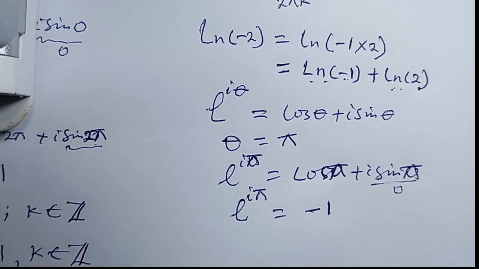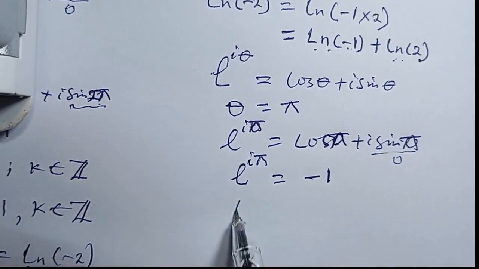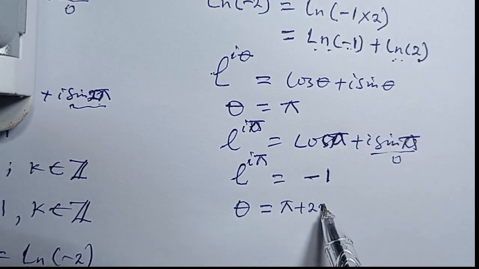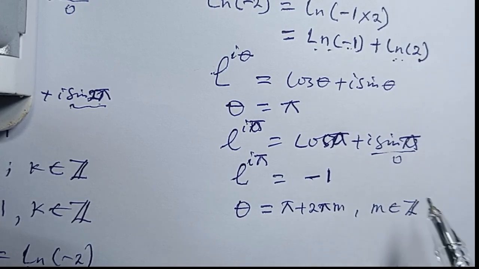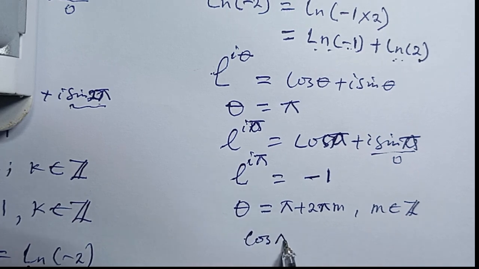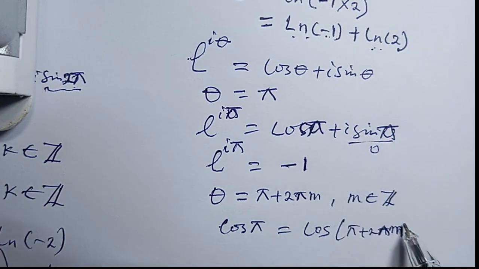And in general you are going to notice that for theta equal to pi plus 2 pi m, that is for all integer values of m, this exponential equation is also going to give you negative 1. Why? Because cos pi gives you the same as cos of pi plus 2 pi m, and this is true for all integer values of m.